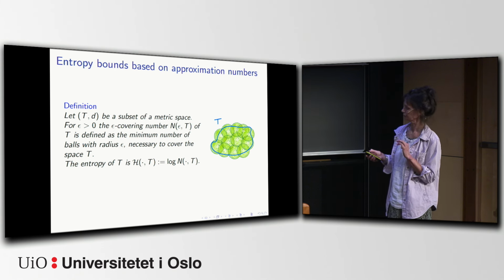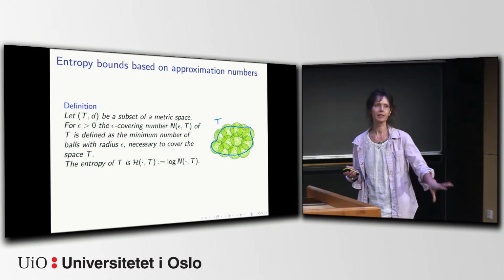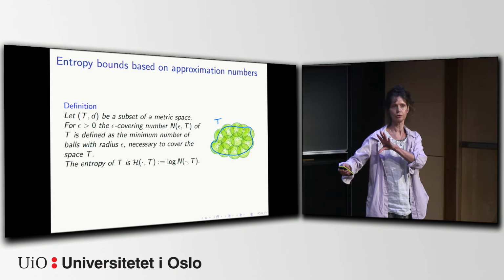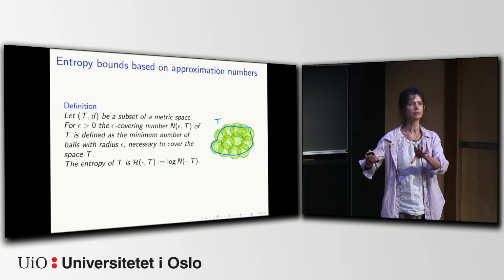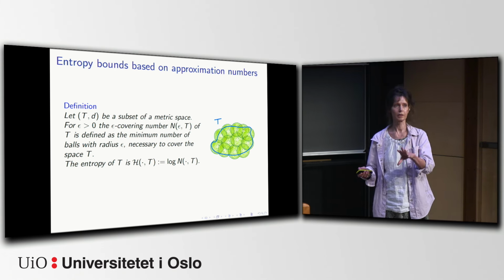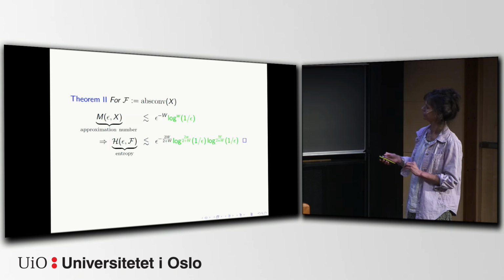And it's well known that if you want to have maximal inequalities, you want to bound the right-hand side, and you don't want to use the generic chaining, you can use Dudley's entropy integral. So entropy plays a crucial role for maximal inequalities. So how does it relate to our result?